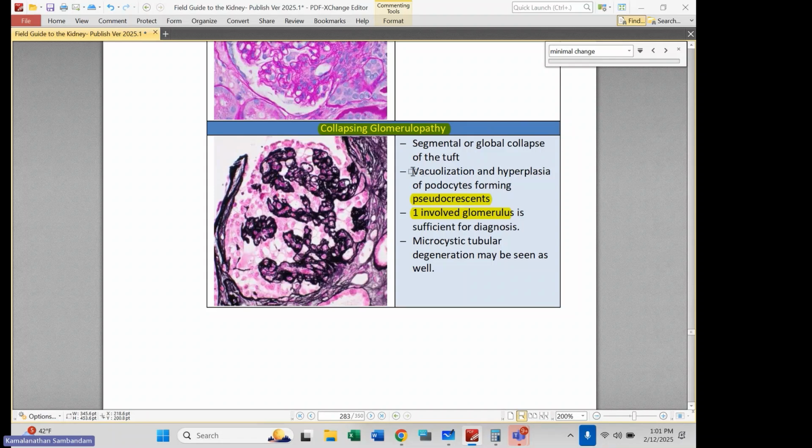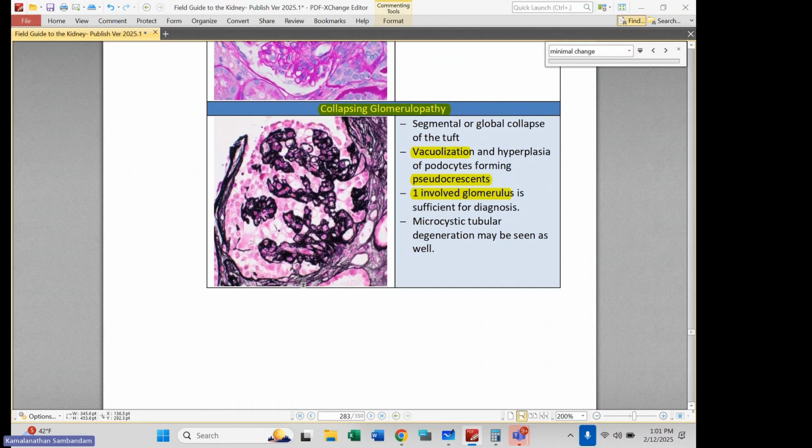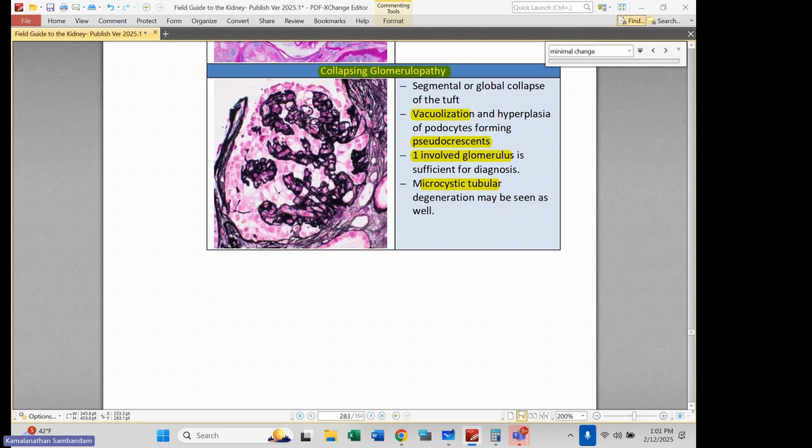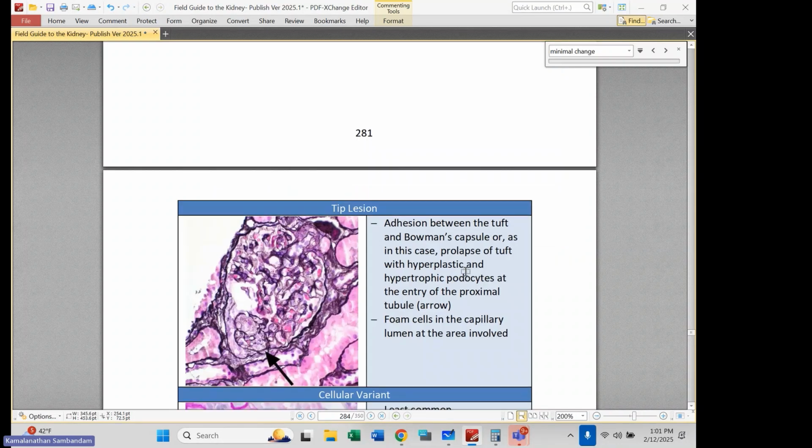Now, you generally have these proteinaceous droplets in the dedifferentiated podocytes as well. Don't forget that this is not only a glomerular pathology. It's very common to see tubular changes as well. Some of this same dedifferentiation and hyperplasia occurs in the tubules, resulting in large dilated tubules that is very commonly seen in collapsing glomerulopathy. Okay?